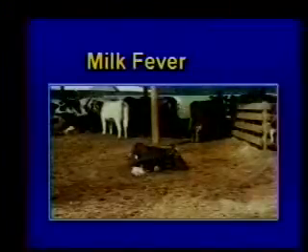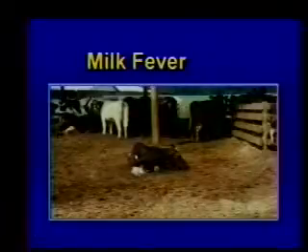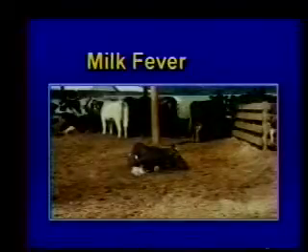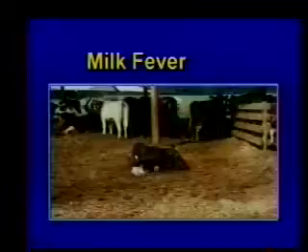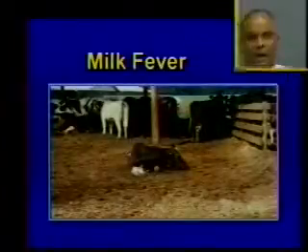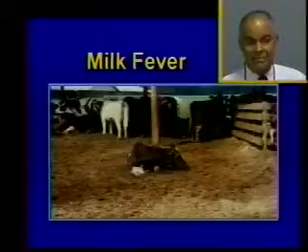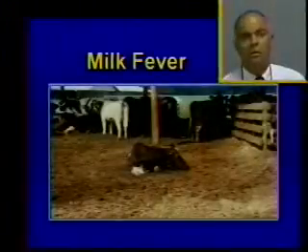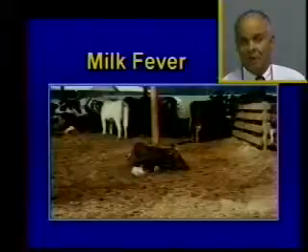Some of these animals are trembling. They're not in tetanic spasms. This is a difference from eclampsia in the ditch. In eclampsia in the ditch, we have tetanic spasms, not with milk fever in dairy cows.